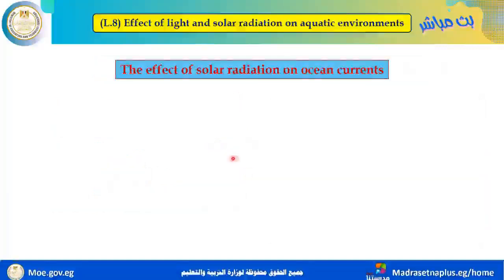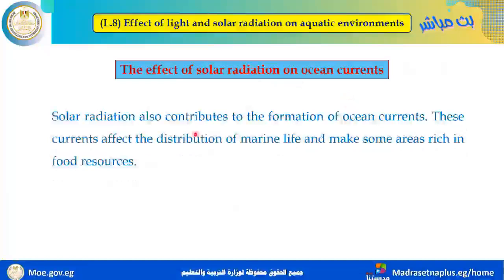Okay, my dear students, let's go for the ocean currents and the effect of solar radiation on ocean currents. Look carefully and read with me. Solar radiation also contributes to the formation of ocean currents. These currents affect the distribution of marine life and make some areas rich in food resources.